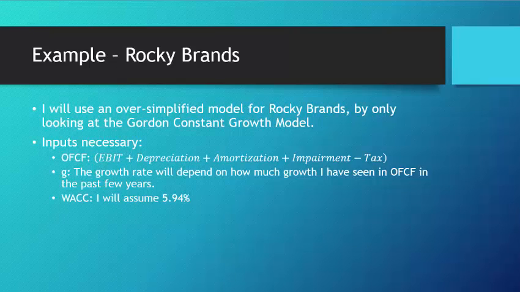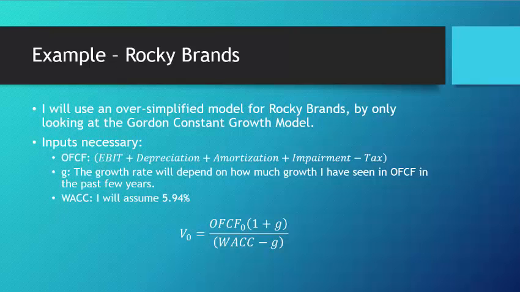We're going to use a whole chapter to estimate your weighted average cost of capital. I'm just going to be looking at 5.94% for my company because I think it's pretty close to what their weighted average cost of capital is. Then we're going to throw it into the Gordon growth model. This is essentially the same Gordon growth model, only we have to make a few adjustments.